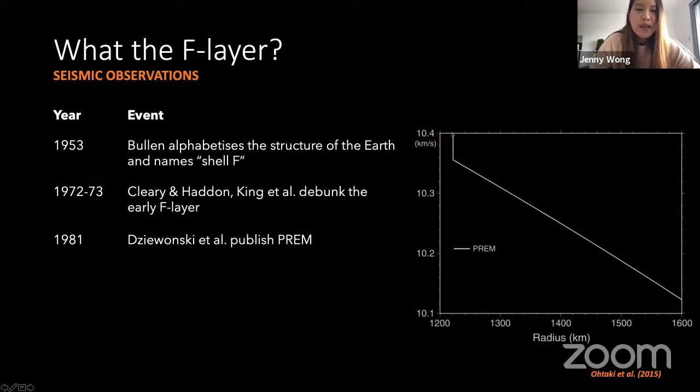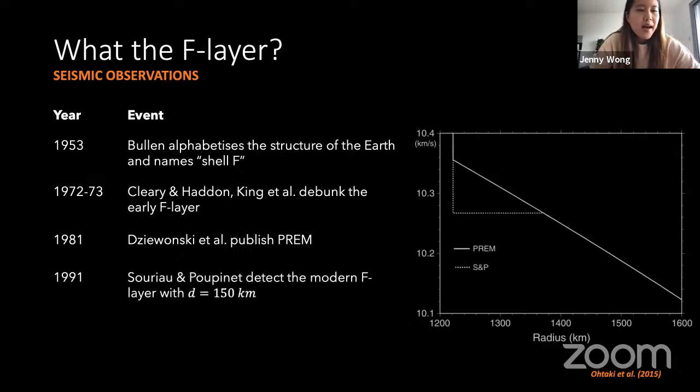So P waves travel quite quickly through solid as we're traveling through the solid inner core. And then at this inner core boundary, we transfer to this sort of steady decrease in the P wave velocity as the waves travel through liquid. And what this model does is that it assumes that the outer core is adiabatically stratified throughout. So this profile is consistent with this assumption.